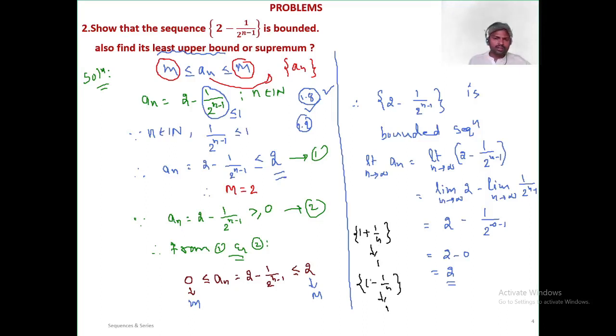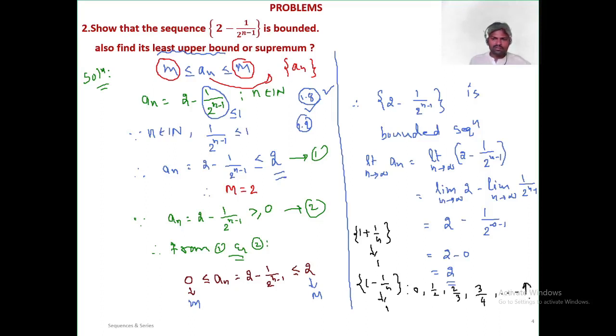But look at this sequence: what is the first term? First term will be 0, because we substitute n is 1. Second term half. Third term 1 minus 1 by 3, 2 by 3. Fourth term 3 by 4. What kind of sequence is it? It is an increasing sequence, right?